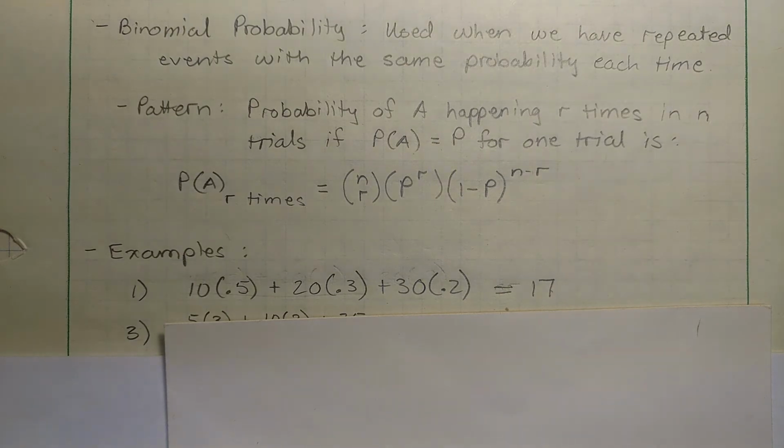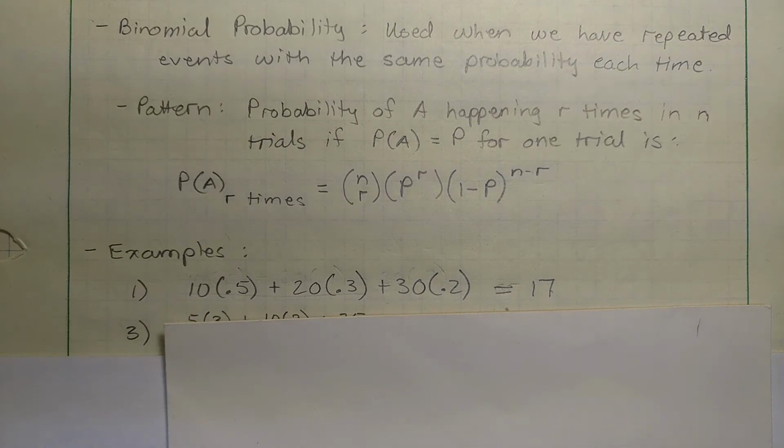If you roll this die, you could either get a 5, a 10, or a 25. But when we say expected value, we're saying if I do this a whole bunch of times, on average, how many points am I going to get? So it may be a number that you can't even get. You can only get a 5, a 10, or a 25, but on average, what are you going to get?